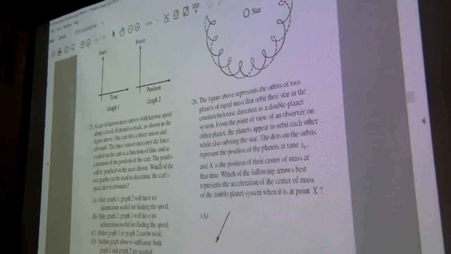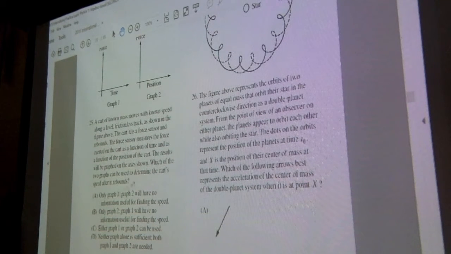The cart hits the force sensor and rebounds. The force sensor measures the force exerted on the cart as a function of time and as a function of position. So you have a force-time graph and a force-position graph. Position also implies displacement. The results will be graphed on the axes shown.